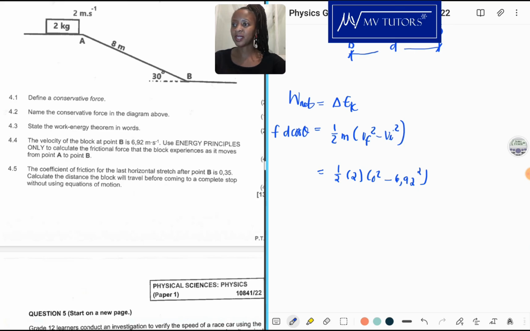Okay, so the coefficient of friction, we are basically going to use, so for friction force, we know that we have the normal force times the coefficient of friction. That's what I can think of. And the normal force in this case would be the mass times gravitational acceleration, and then times the coefficient of friction, which is 0.35.